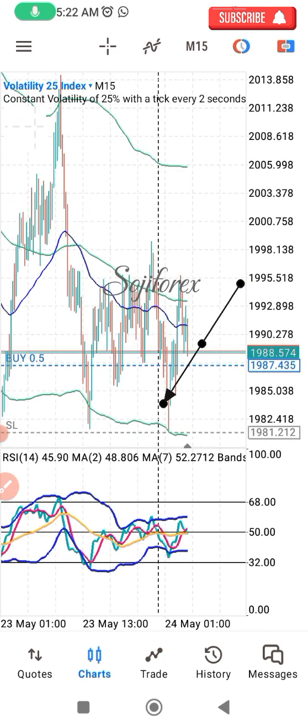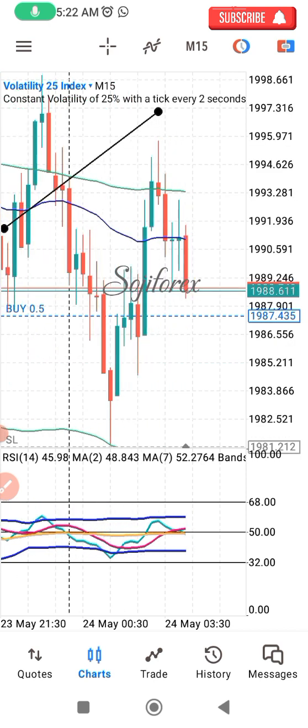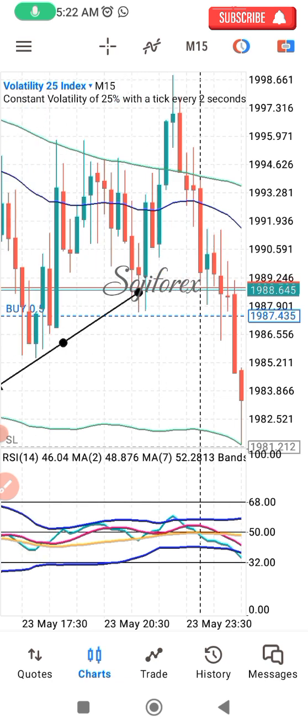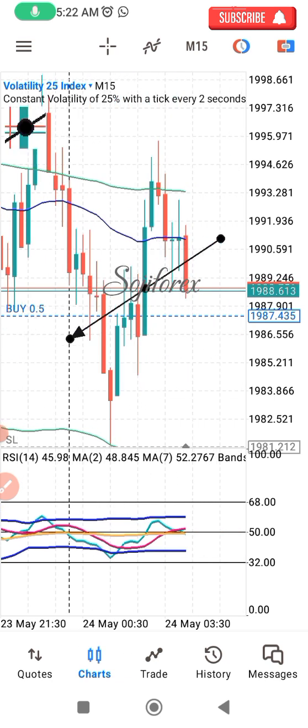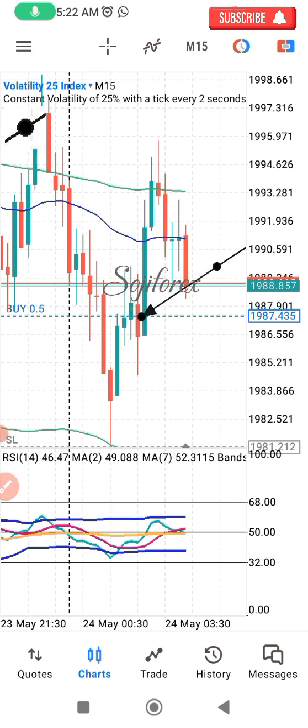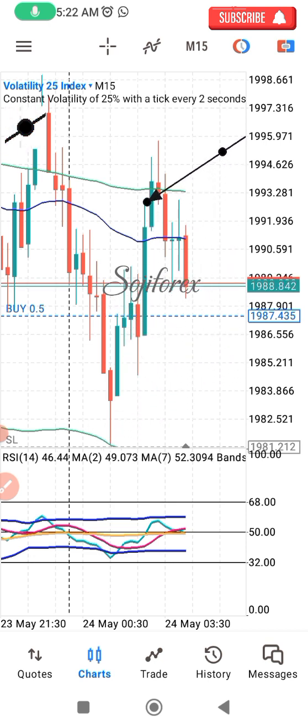So what you are seeing now is a follow-up candle. Okay, after this hammer, I wait for this bullish follow-up candle. Then I make my entry. My stop loss is below this hammer, and I am hopeful.